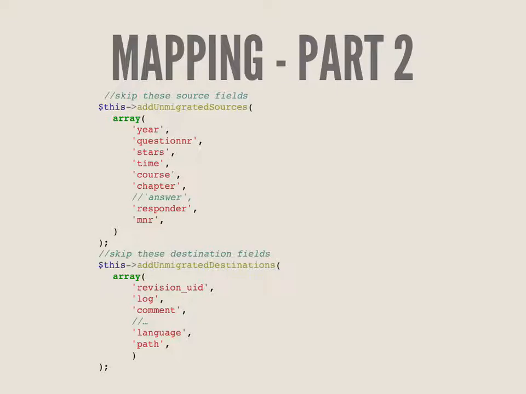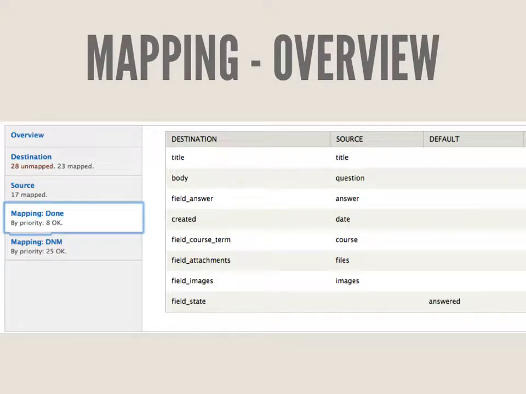The same thing goes for the destination fields. There were a lot of fields over there, for instance, the language, the comment, log, revision, user ID. I will not use them. Why do I mention this? Because if you have a look at the overview, you get it when you go in the website to administration, content, migrate, and you click one of the available migrations.